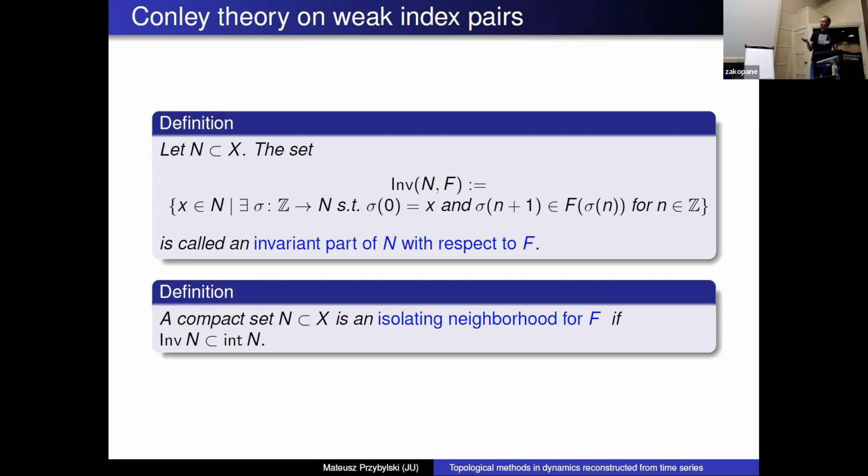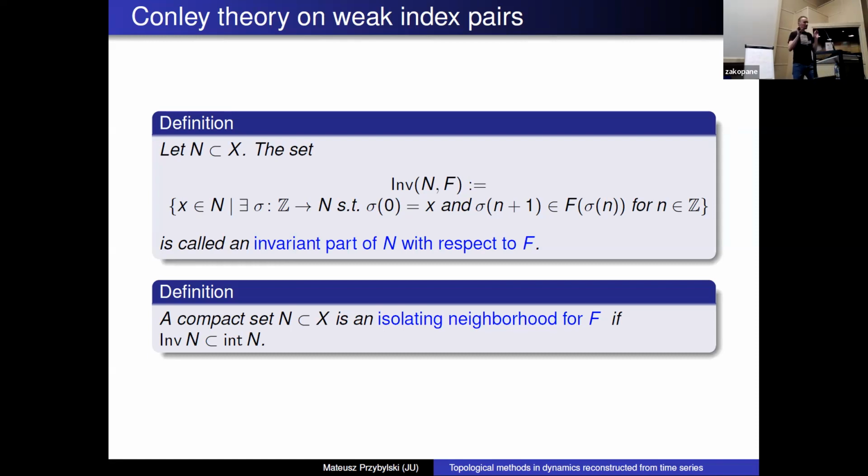And moreover, in this recent theory, the isolating neighborhood is defined in the classical way. This is exactly the same condition as in the classical approach: the invariant part of the set is included in the interior of the set.